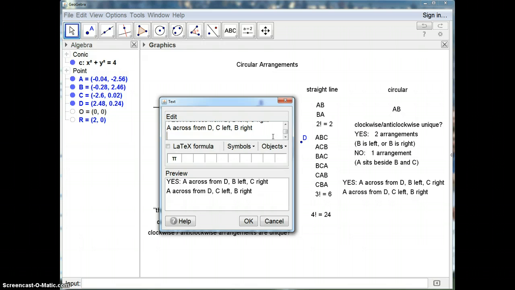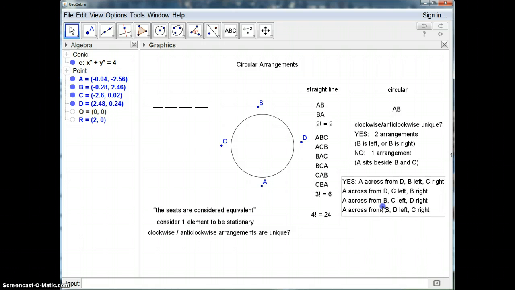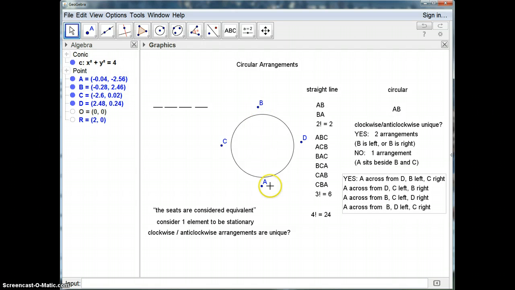So we'll have A across from B. C is left, D is right. A across from B, D left, C right. Okay, so we added 2 more there. And the last option, of course, is we put C across the table.